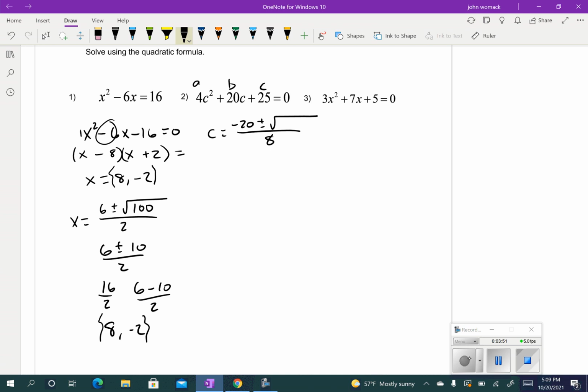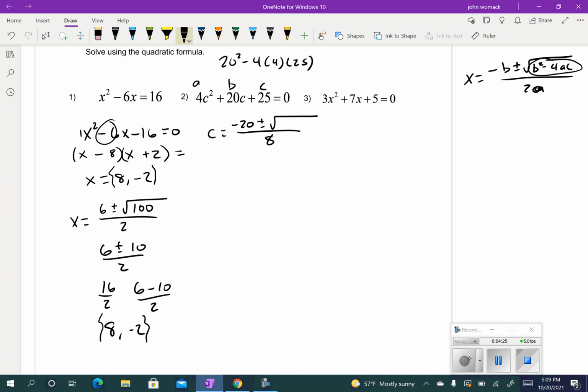By the way, I don't think I ever gave you this name, but really quick, the quadratic formula, we talked about this yesterday in the last lesson. This part right here is what determines what kind of answer we're going to get, and it actually has a name. It's called the discriminant. So let's find that discriminant that goes right there. That's the b squared, 20 squared, minus 4 times a times c.